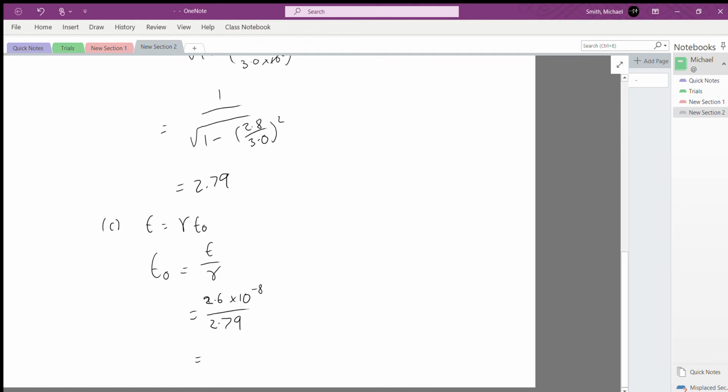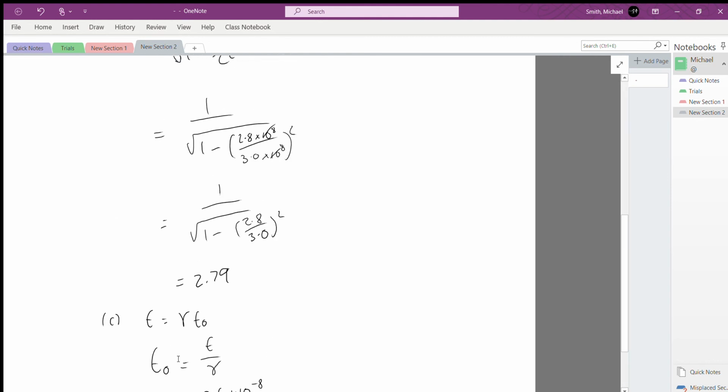And if we substitute that into our calculator, we will get 9.33 times 10 to the power of minus 9 seconds.